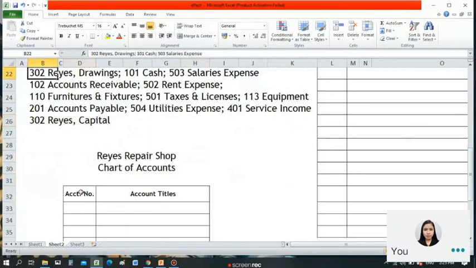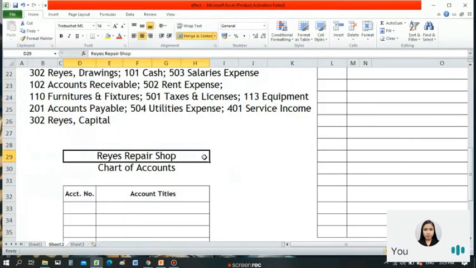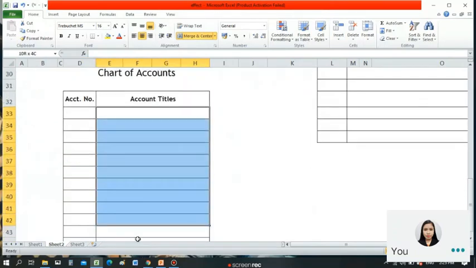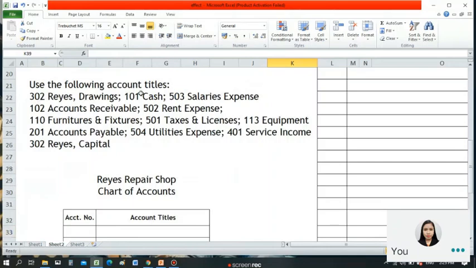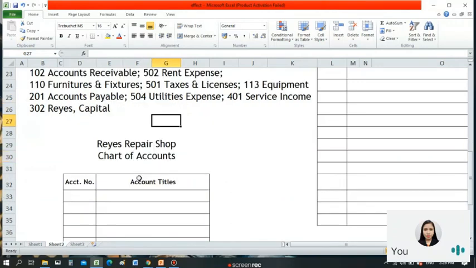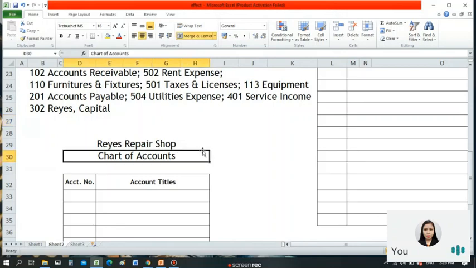So accounting, hindi talaga siya nag-a-accept ng mga erasures. Isa-isahin natin. Based on the given, kung familiarized na kayo sa mga account titles, alam nyo yung sunod-sunod nung pag-list down ng account title sa unang asset.